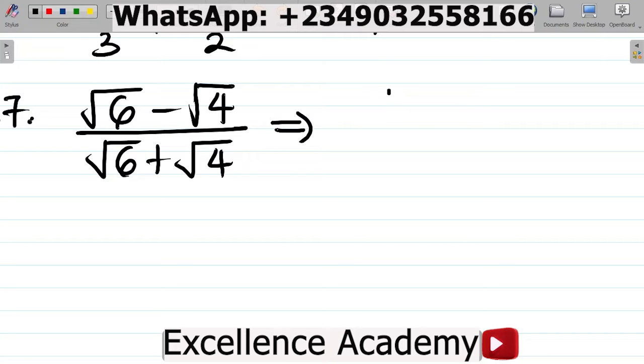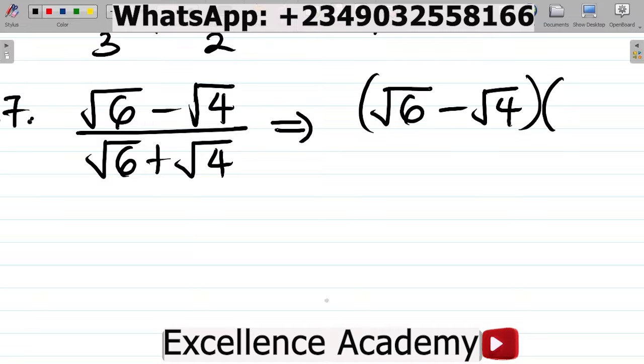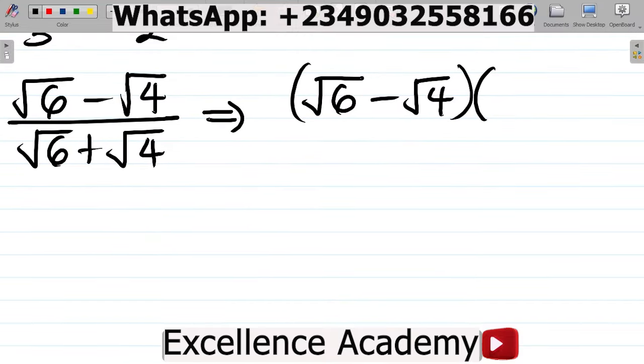By that I mean the numerator is root 6 minus root 4. Multiply this by the conjugate of the denominator. The denominator is root 6 plus root 4.